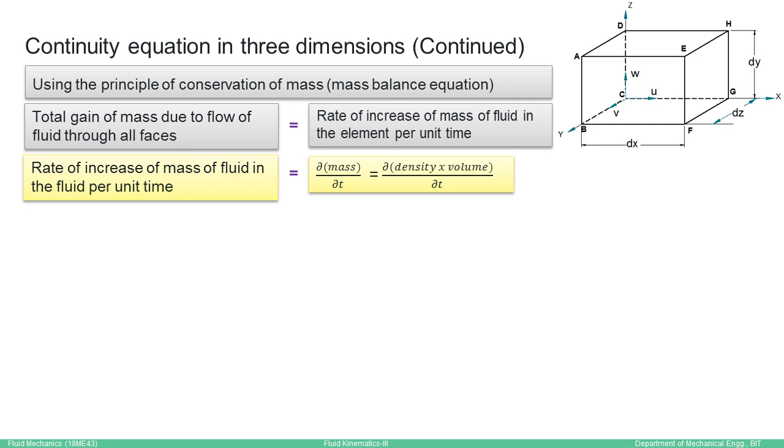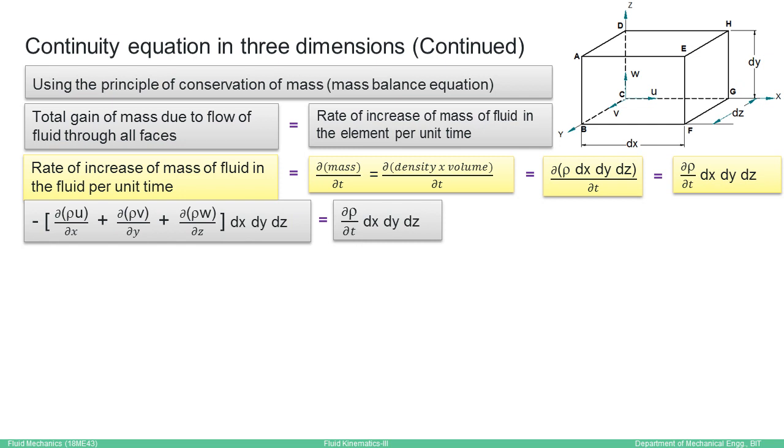Mass by definition is density multiplied by volume. Since dx, dy and dz are constant for the given element, they can be taken out, so the rate of increase of mass is ∂rho/∂t into dx dy dz.